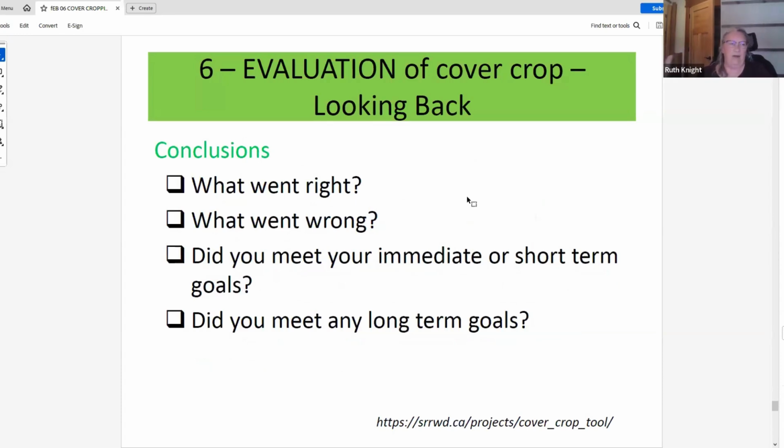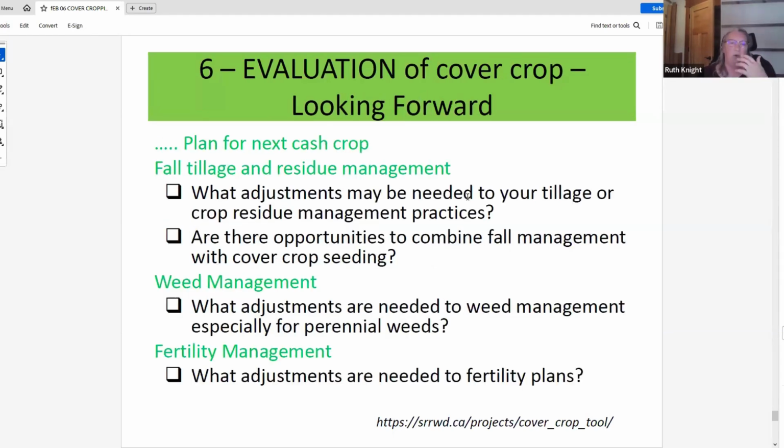So, conclusions: whenever you're trying something, what went right, what went wrong, and did you meet your goals, in terms of your immediate or short-term goals or long-term goals? Then you start asking yourself what might have been improved, and putting that into going forward and to your next cash crop. What adjustments can you make in terms of your tillage and your crop residue practices?